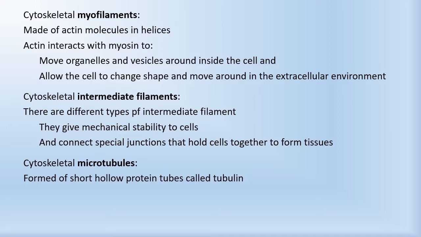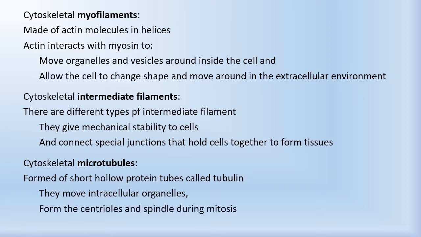Microtubules form short, hollow protein tubes, and these are all put end to end to form these microtubules, the little tubes being called tubulin. They move intracellular organelles, and they also form the centrioles and the spindle during mitosis. It's the spindle that pulls the chromosomes apart for cell division.